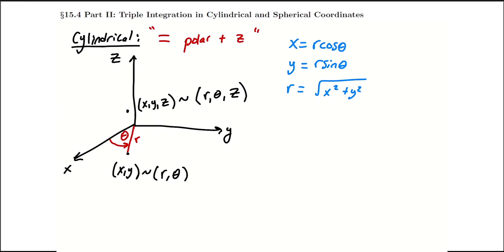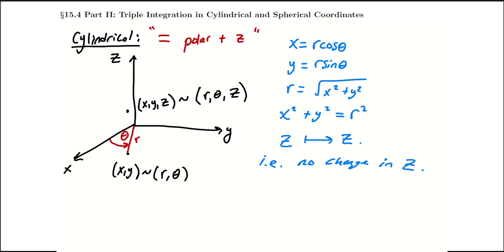And then z, well, when you go from Cartesian to polar, z stays z. There's no change in z. So really, cylindrical is polar plus z.